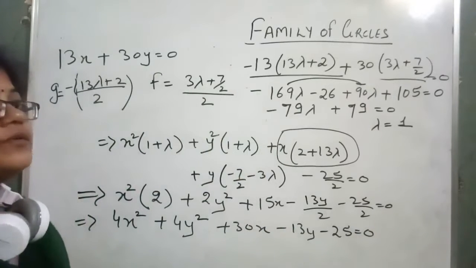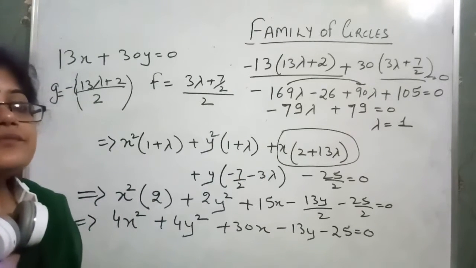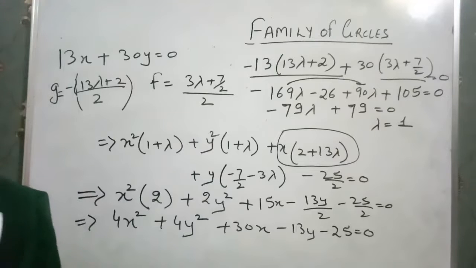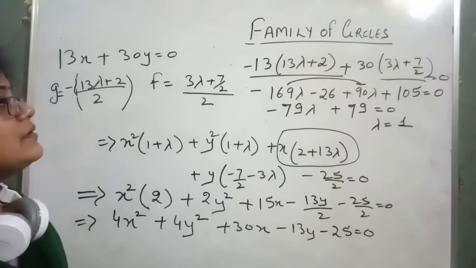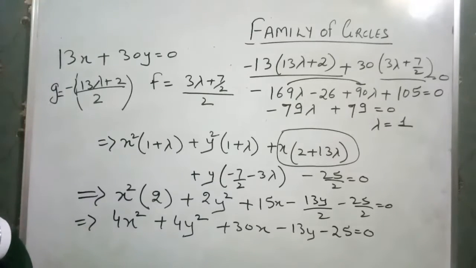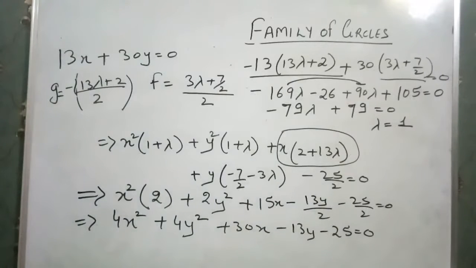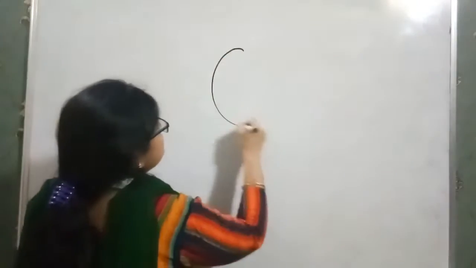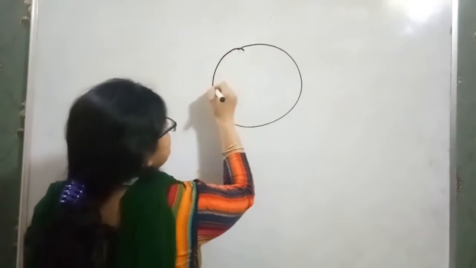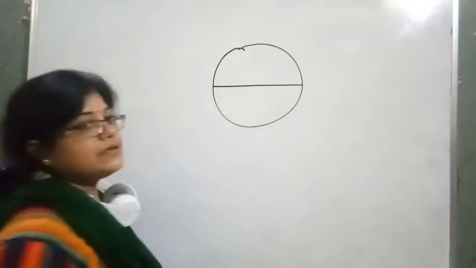Now I am going to take the second concept. When the equations of the diameters are given, how will you find the equation of the circle? Now we know that there is a circle and this line is the diameter of the circle.